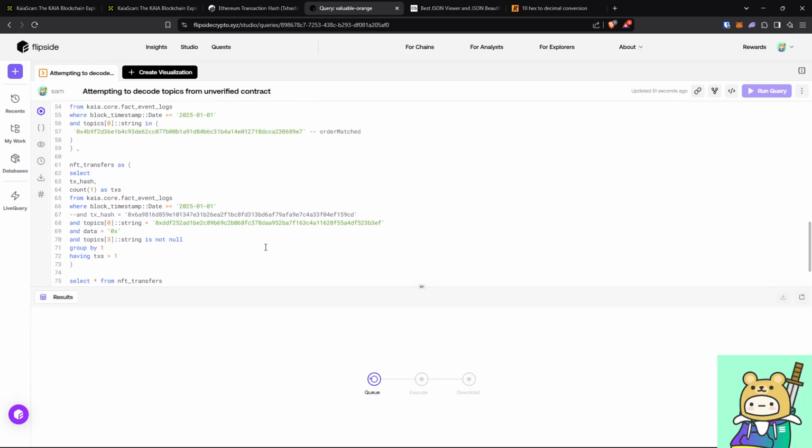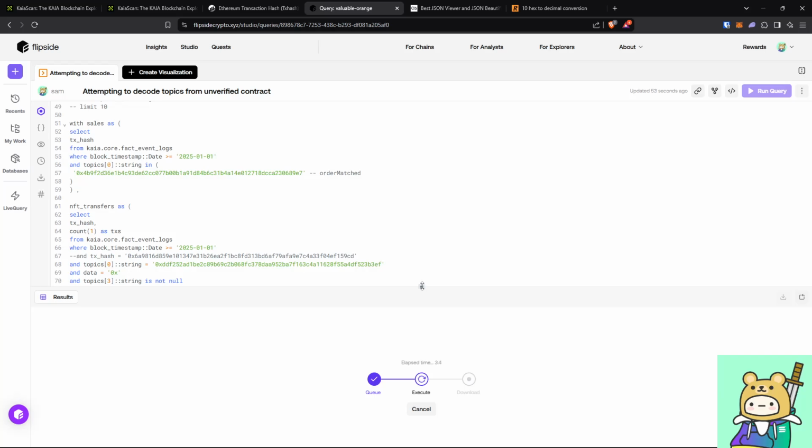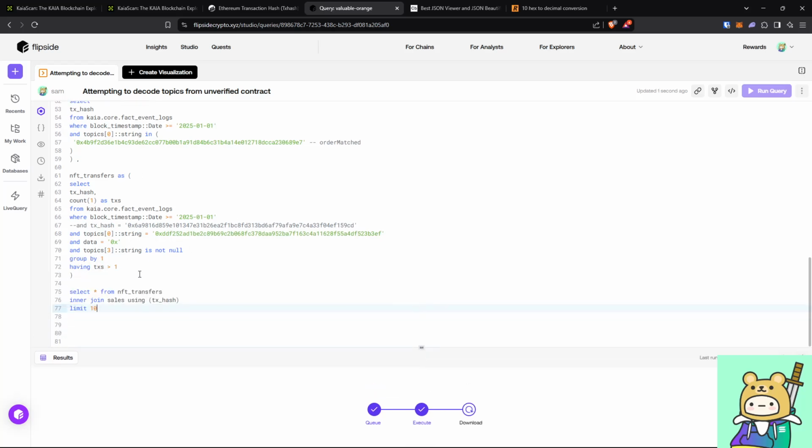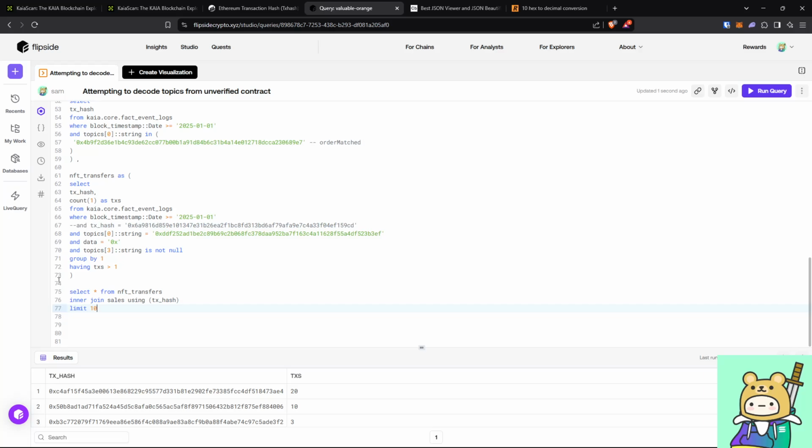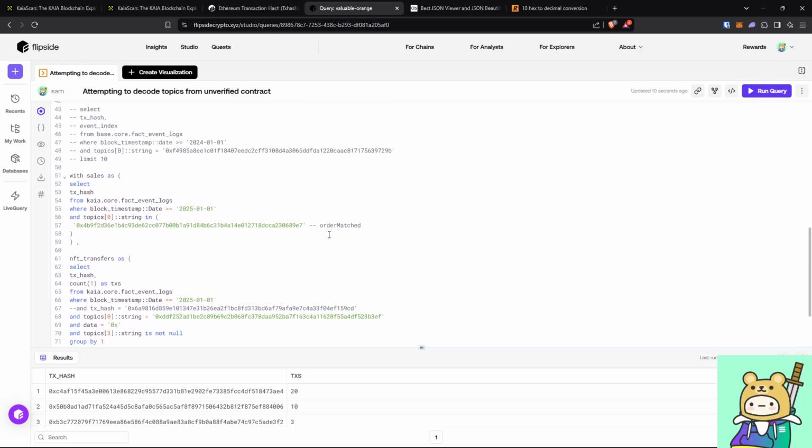Okay, so what am I doing here? I am creating an entity transfers table, and I'm looking for transactions where there are multiple NFTs sent in a single transaction that also has the sale event.